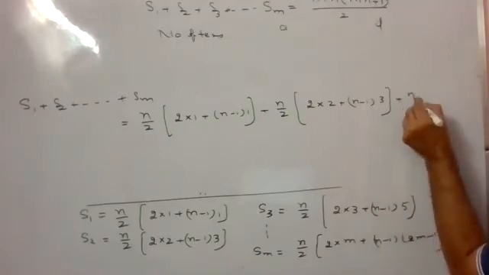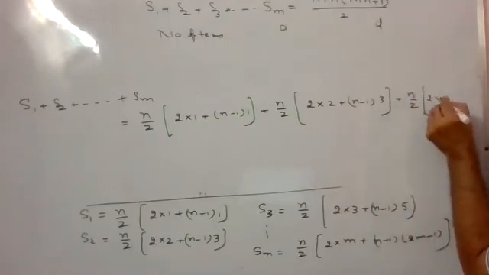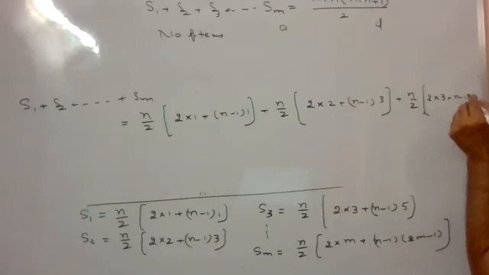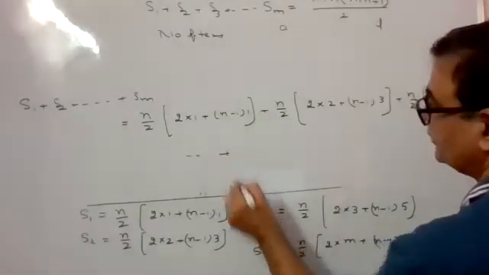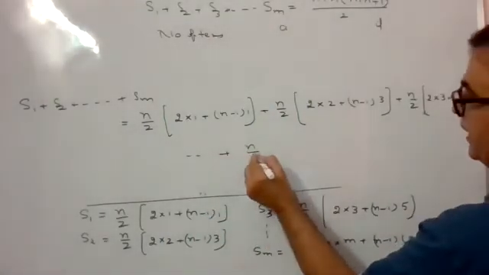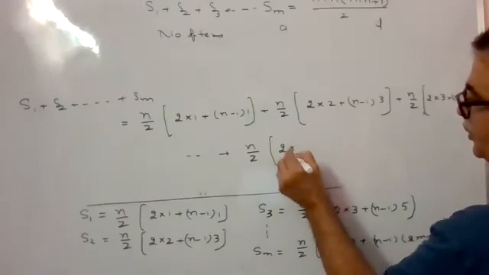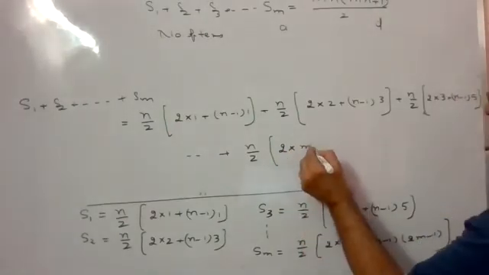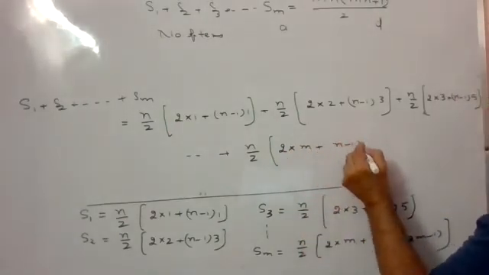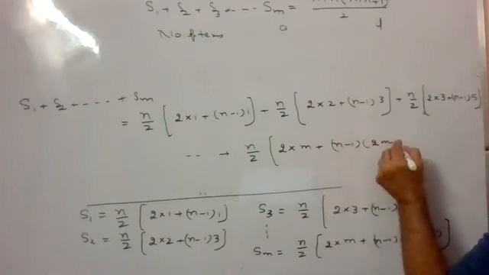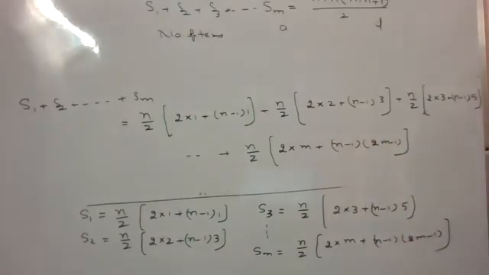That comes out to be n by 2, 2 into 3 plus (n minus 1) into 5. So on it will continue, and last will be n by 2, 2 into m plus (n minus 1) into (2m minus 1). So we are adding them all.